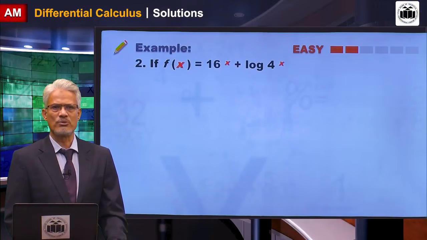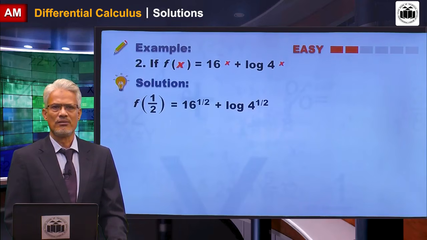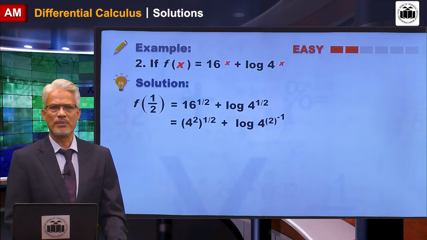If f(x) is equal to 16 raised to x plus log x with the base 4, then we have to find the value of f(1/2). We know in case of function, we substitute the value at all the places of x.